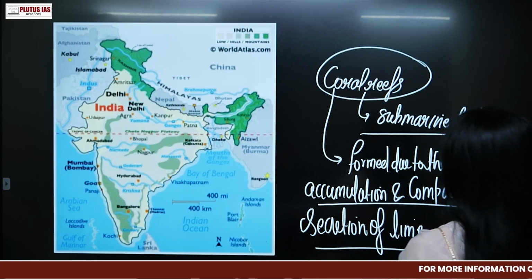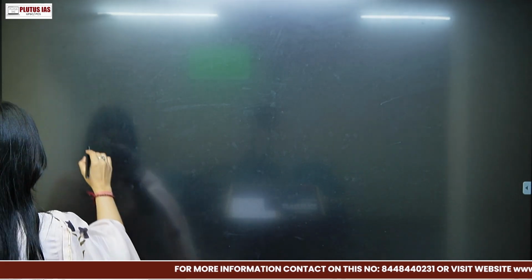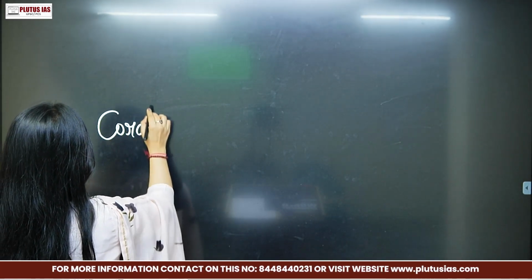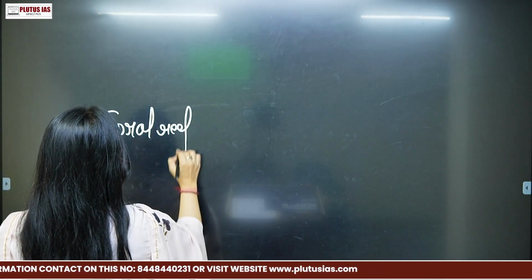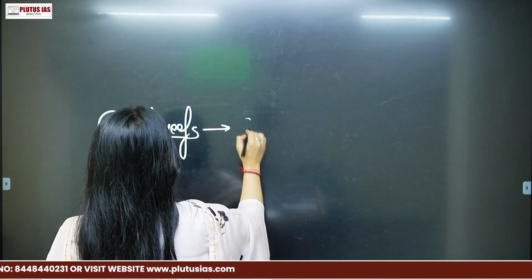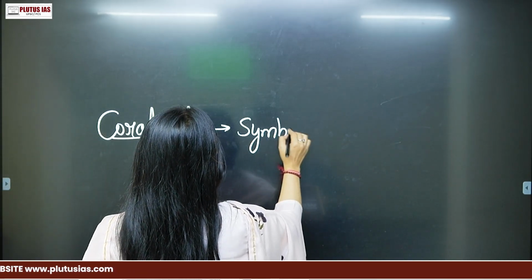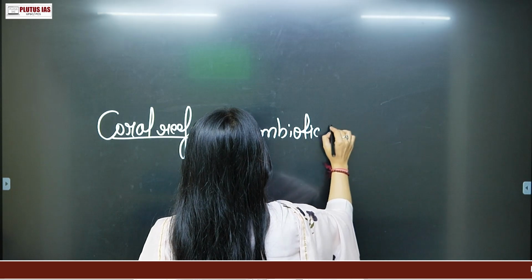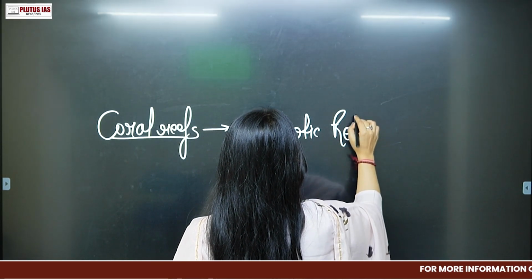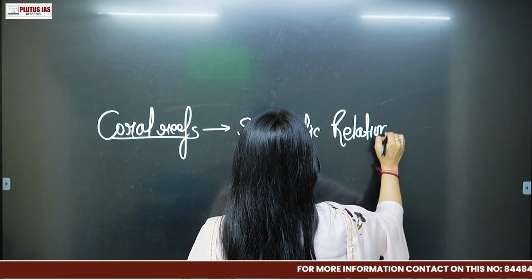And you also need to understand that coral reefs have a lot of other stuff related to them. For example, coral reefs, as you know, make a symbiotic relationship with the zooxanthellae. What are the zooxanthellae?